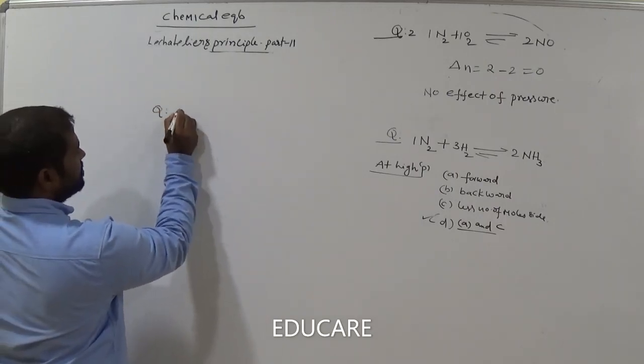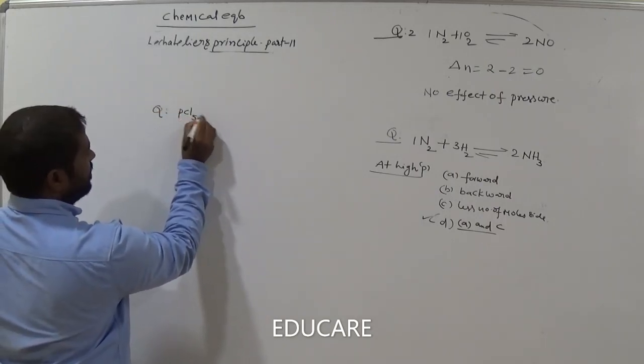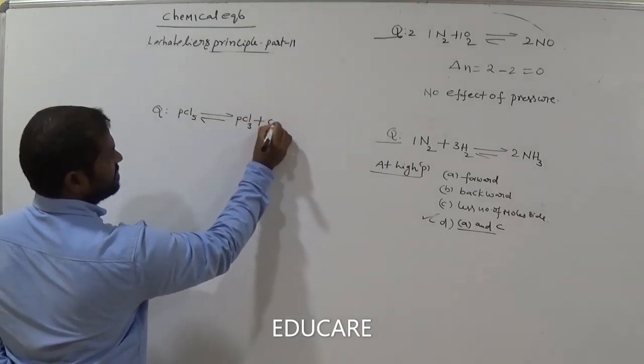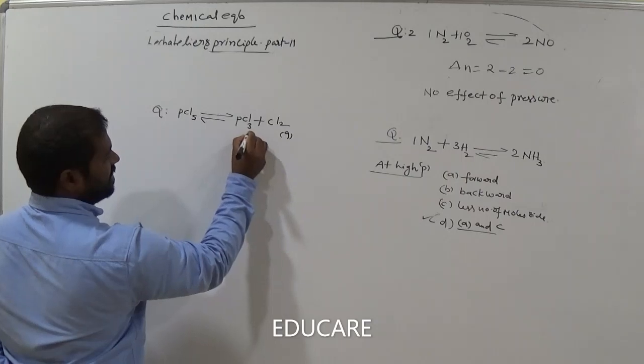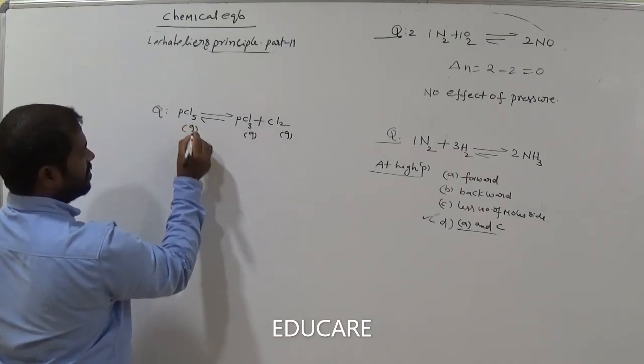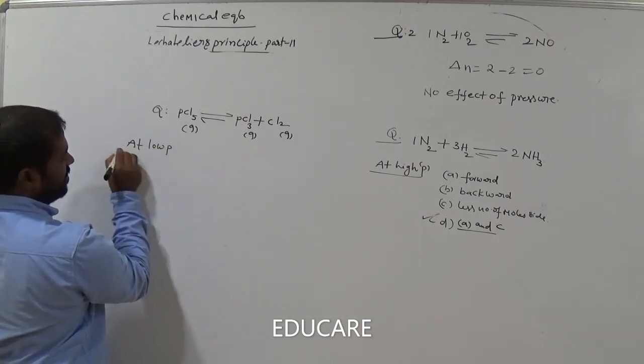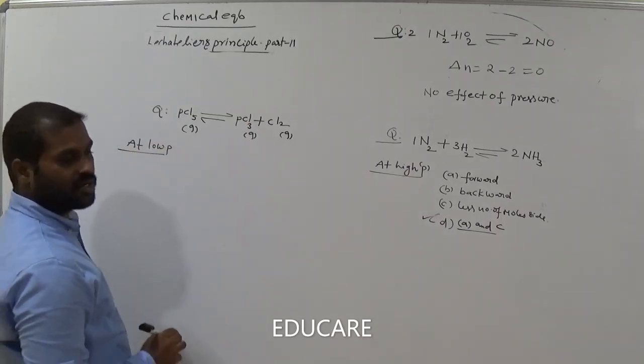Next the question is PCl5 is reversible to PCl3 plus Cl2. Is it clear? So what is the effect on equilibrium at low pressure?